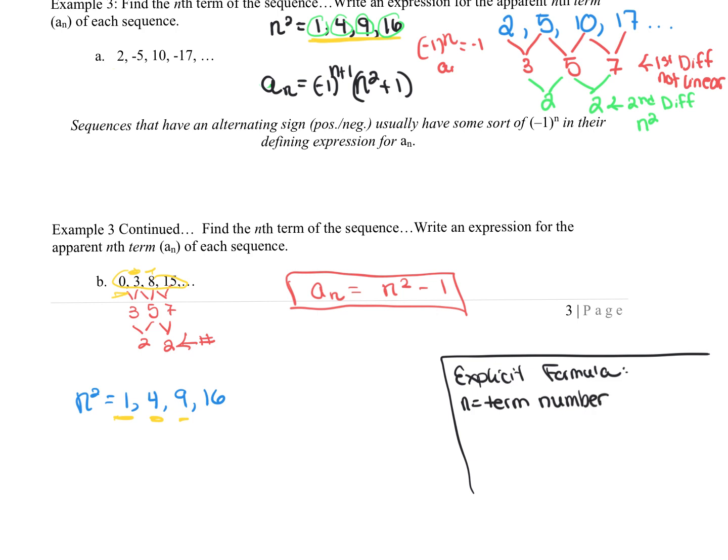And to find that term, so if I want to find the 10th term, I just plug in 10 for n, and that will get me the 10th term. So it's clear cut, very explicit that if I want the 6th term, you plug in 6.